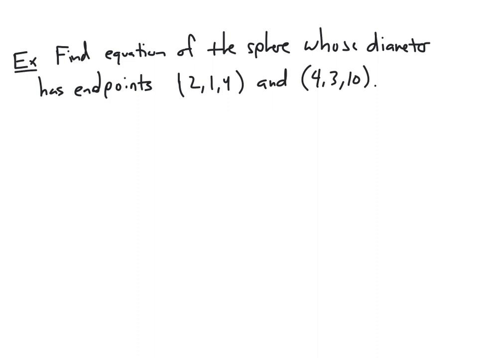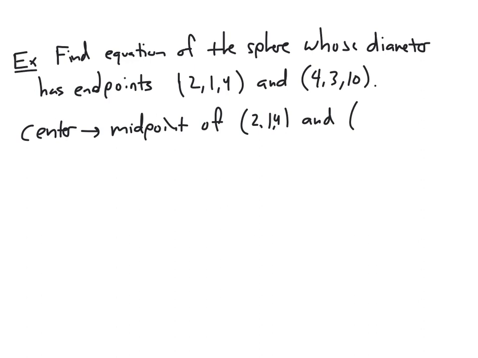Now the endpoints of the diameter are going to be points on complete opposite sides of the sphere. And so if you think about how a sphere would work, the center of my sphere will actually be the midpoint of these two endpoints of the diameter. So it'd be the midpoint of (2, 1, 4) and (4, 3, 10).